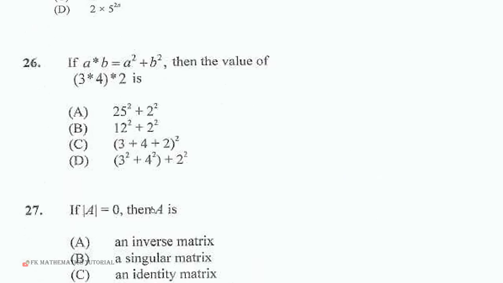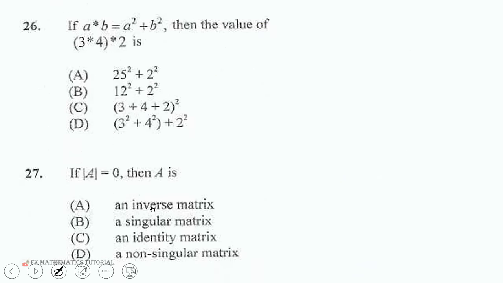If A star B is equal to a squared plus b squared, then the value of 3 star 4 star 2 is. So let's begin by using the braces first. So 3 star 4 will be equal to 3 squared plus 4 squared, because the a is 3 and the b is 4.